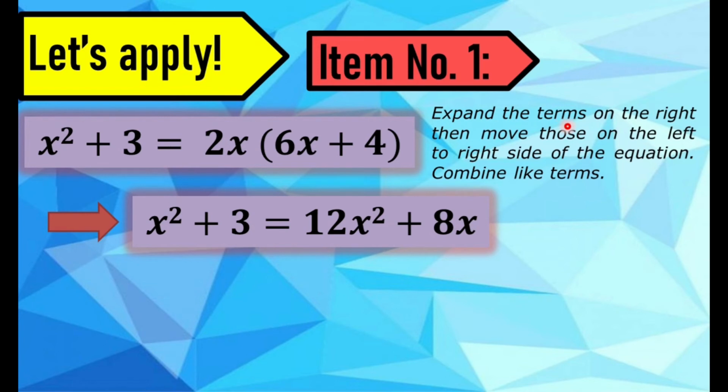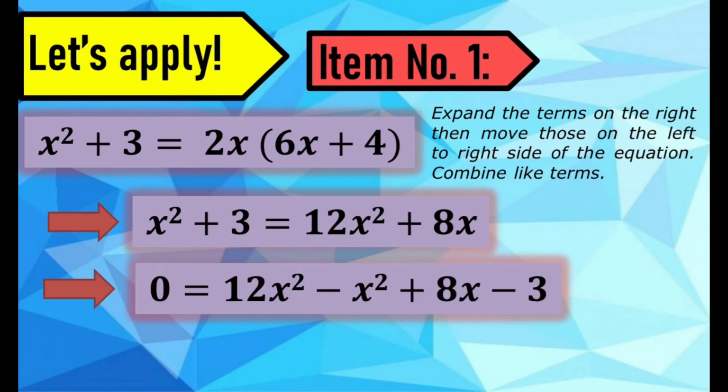So, expanding the terms on the right, 2x times the quantity of 6x plus 4: 2x times 6x is 12x squared, while 2x times 4 is 8x. Now, the next thing we're going to do is move those on the left side to the right side of the equation.